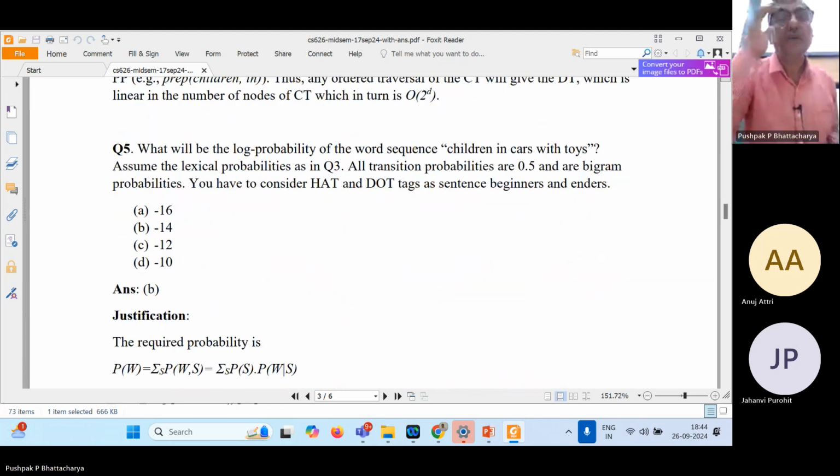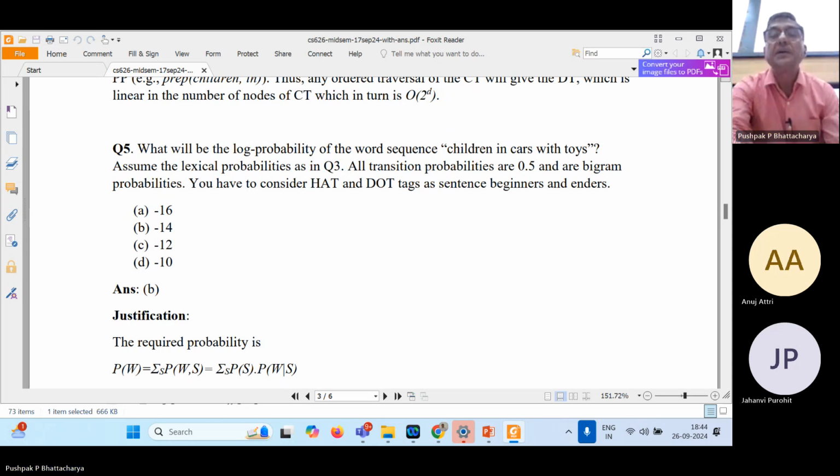Okay, question 5. What will be the log probability of the word sequence children in cars with toys? Assume the lexical probabilities as in question number 3. All transition probabilities are 0.5 and are bigram probabilities. You have to consider hat and dot tags as sentence beginners and enders.